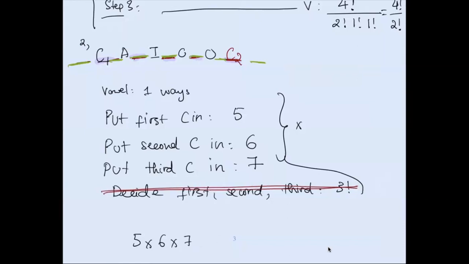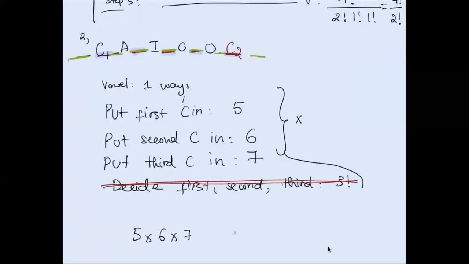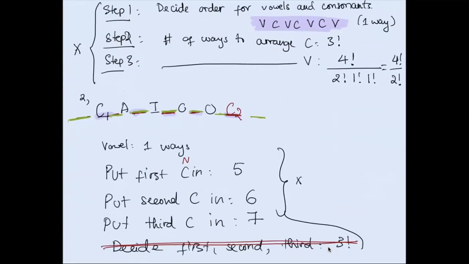When I put the consonants in this order, it already takes into account, let's say my first consonant is N, my second consonant is T, my last consonant is R. When I insert them in different positions like this, it already takes into account that N might be before T and T might be before R. Or if I put N in this position and T in this position and R in this position, it already takes into account the order of R, T, and N in the word itself.